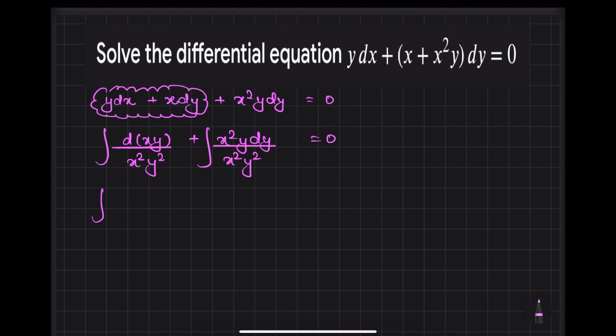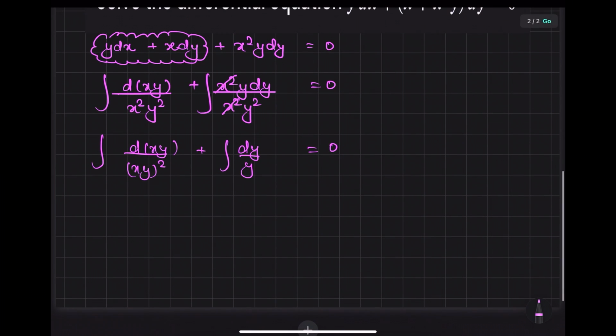So can I write d(xy) by (xy) whole square, plus, x square gone, then we have dy by y. Now look at this. Suppose it is x. Differentiation of x, this thing will become what? x square. So can I write x to the power minus 1 and then do the integration? It will become x power minus 2.